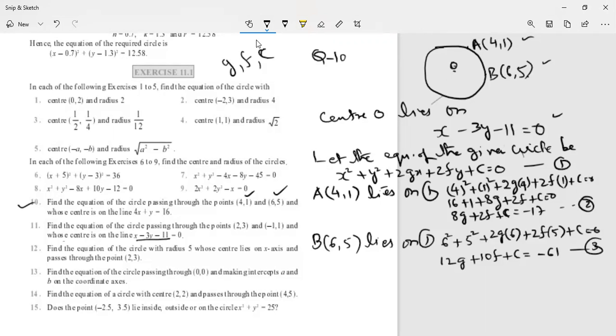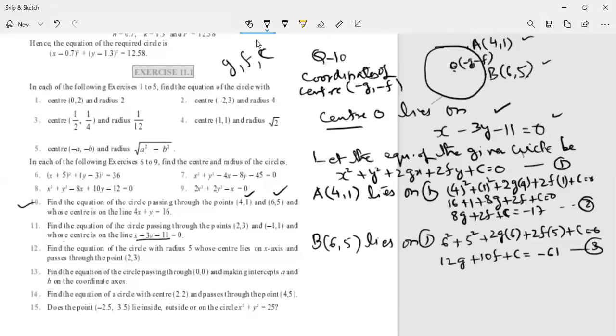Now the problem comes here. What are the coordinates of the center? As I told you, the coordinates of the center are (minus g, minus f). And minus g, minus f will lie on this line, because the center lies on this line.